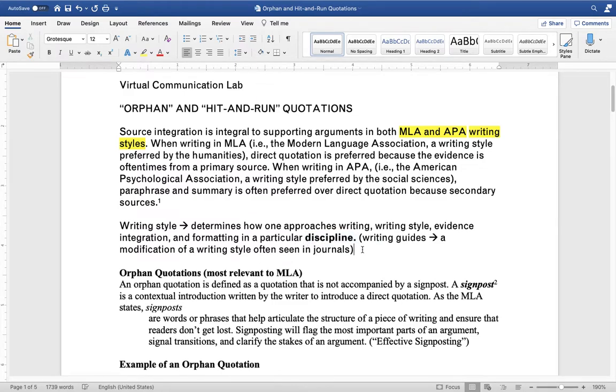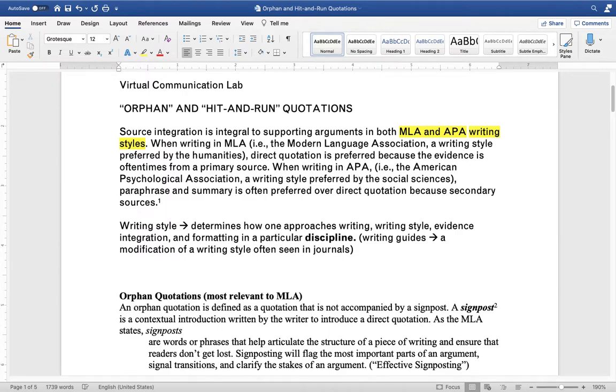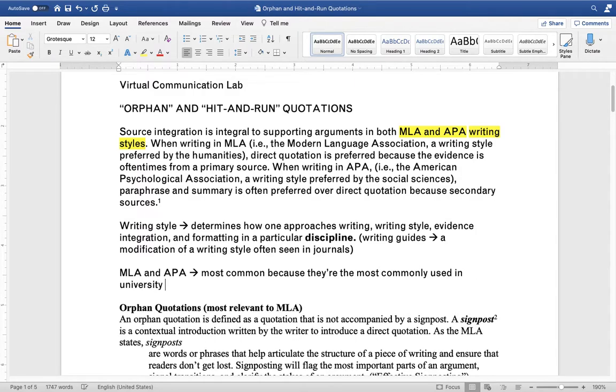And so there's a huge truckload of writing styles. MLA and APA are just the most common because they're the most commonly used in university settings. It's not until you get into upper level courses that might be really nuanced.